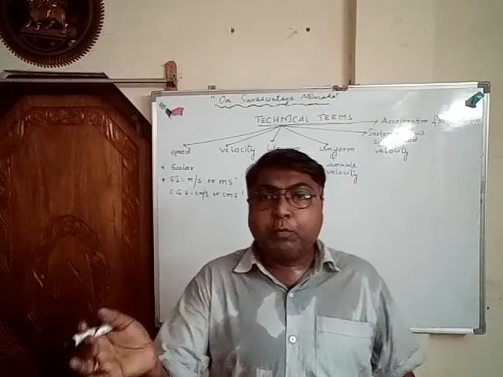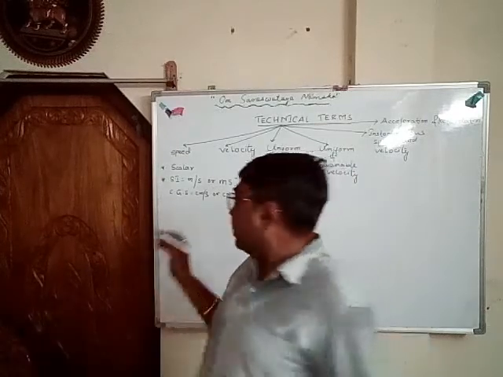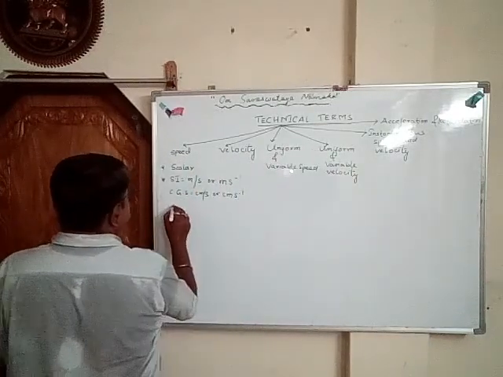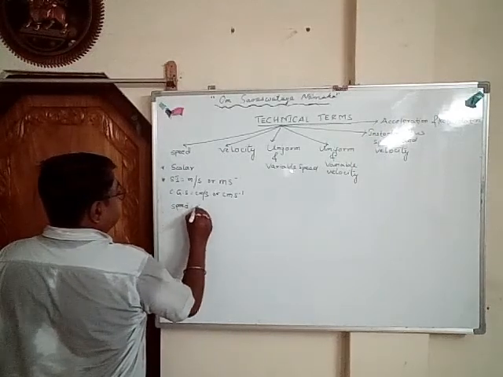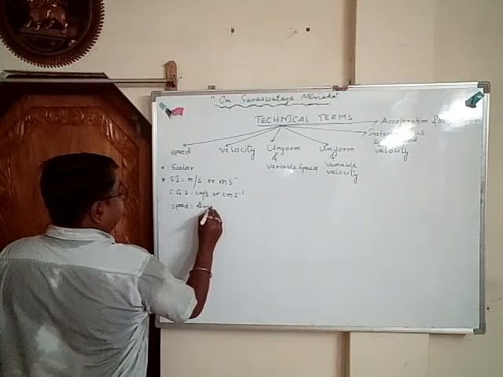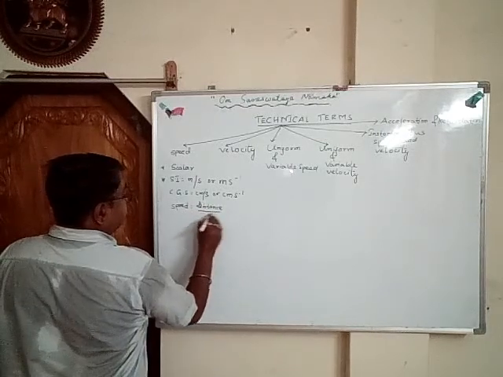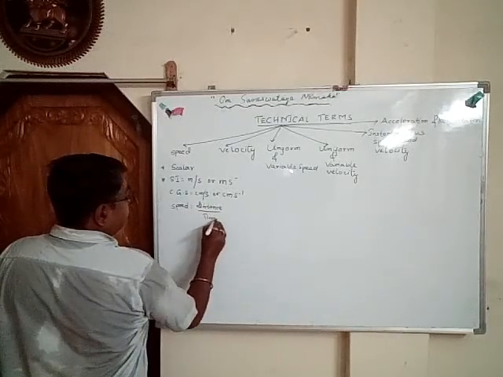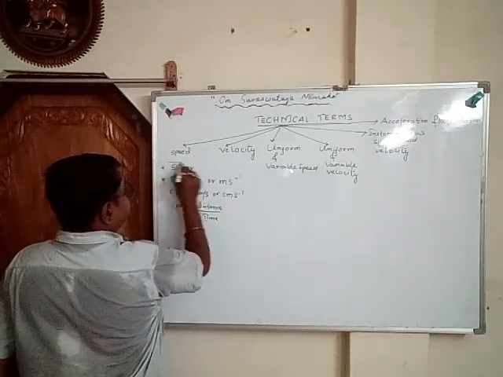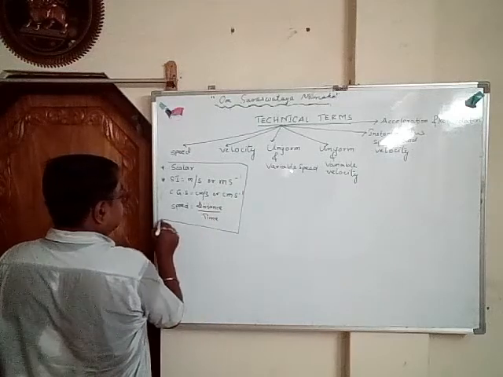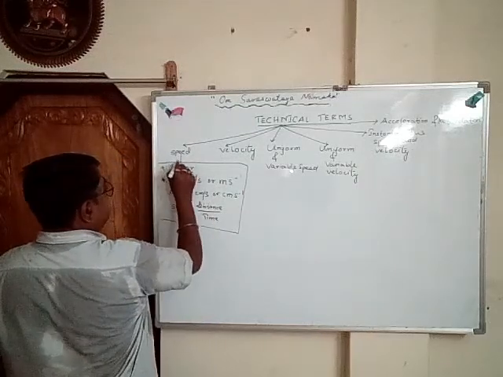I am writing the formula of both speed and velocity here. As far as speed is concerned, the formula for speed is distance divided by time. This is for speed.